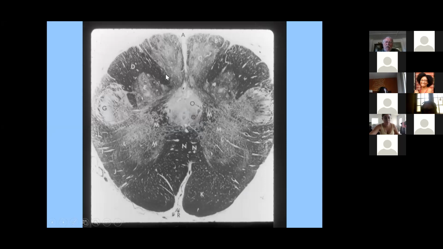And then what I basically think of is looking at like a tooth here, D, which is the cuneate fasciculus. It sort of surrounds the pulp, E, of the cuneate nuclei. So you see them there and there. So now we pay attention to the axons of the nucleus gracilis and the axons of the nucleus cuneatus.